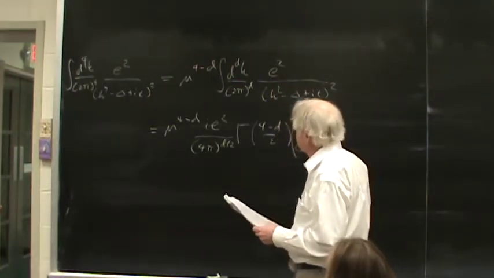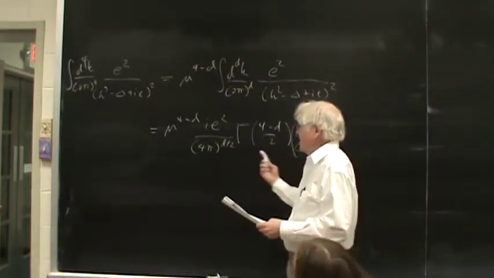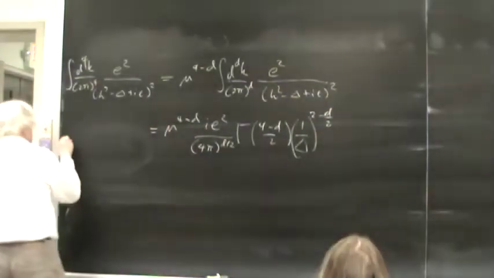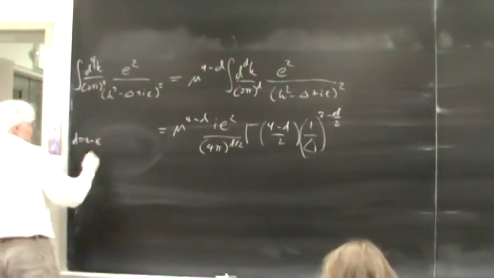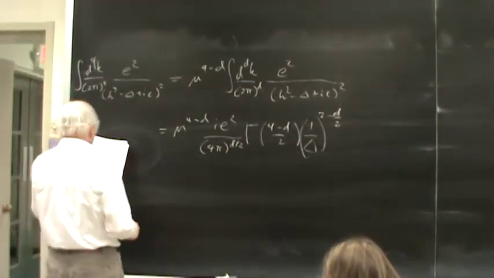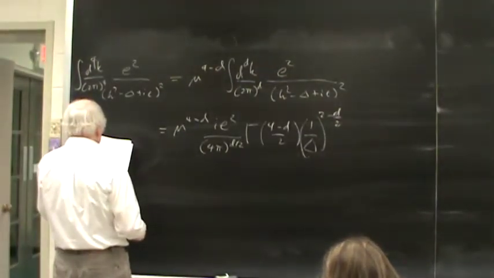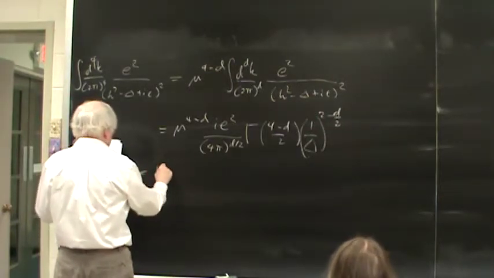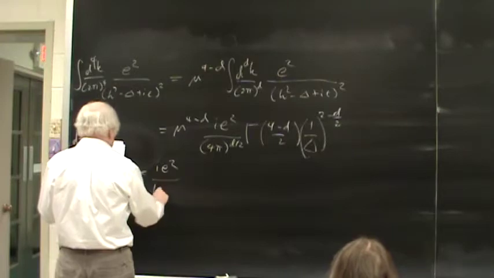And so then the next thing is to expand this around d equals 4 minus epsilon. And so this thing then becomes I e squared over 16 pi squared.